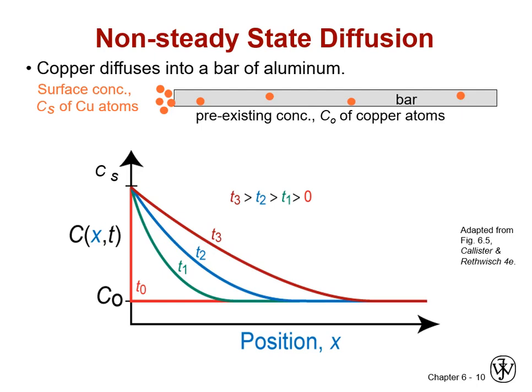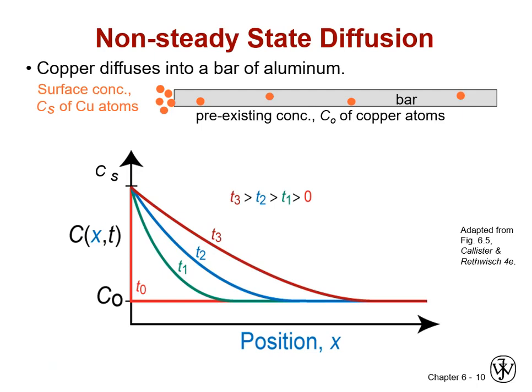So this is one way that we could create, say, a very hard, wear-resistant layer that has a lot of the properties of a ceramic without using a ceramic for the bulk, because obviously it's not so good for fracture. Those are called case hardening operations.